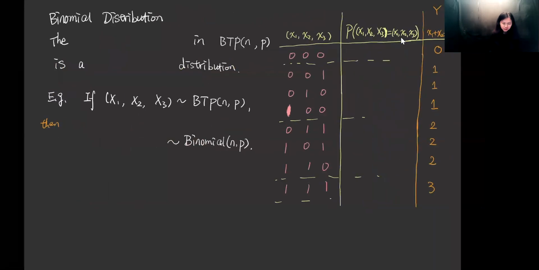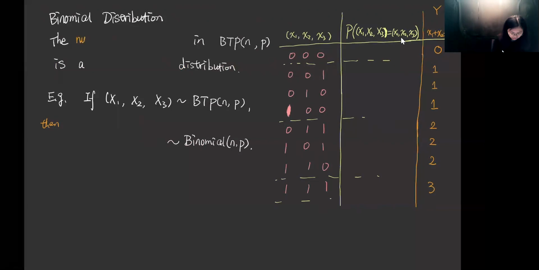Based on the Bernoulli trial process, we can define a useful distribution, a distribution of a discrete random variable called the binomial distribution. So what is the binomial distribution? The binomial distribution is the distribution of the number of successes in the Bernoulli trial process.